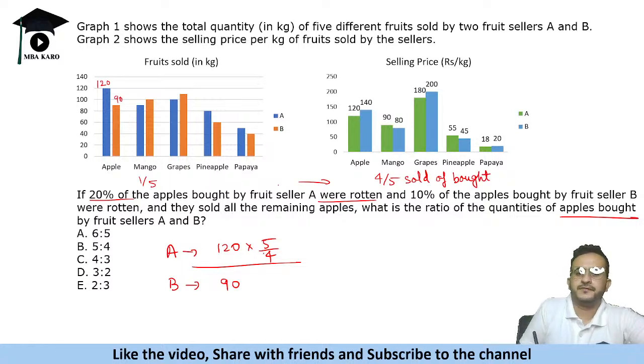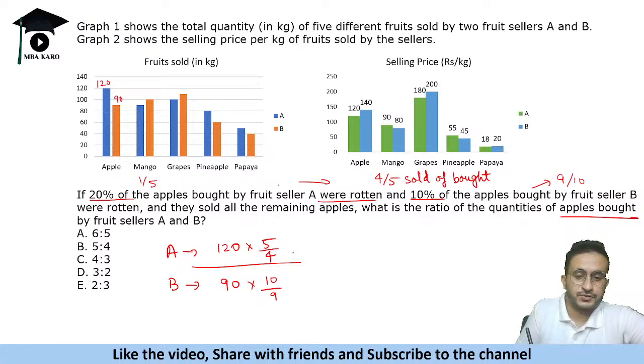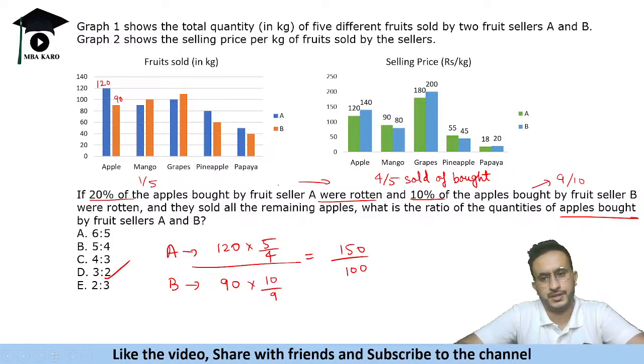So bought will be 5 by 4. Similarly, 10% by seller B, that means 9 by 10 sold. Okay, 9 by 10 sold, so he must have purchased 10 by 9 times. Okay, so this is 150 and this is 100. So 3 ratio 2 will be the answer.